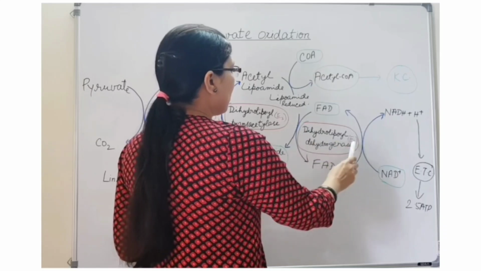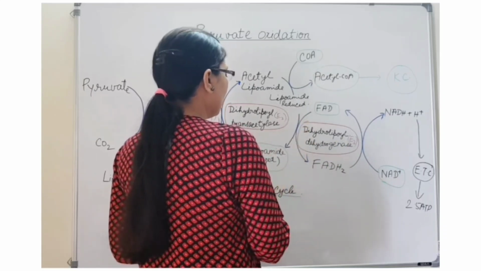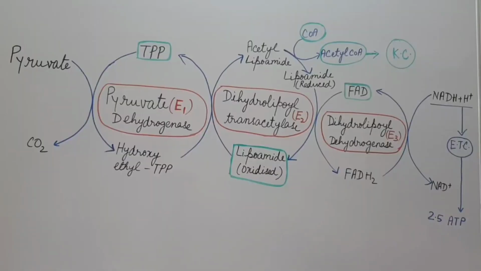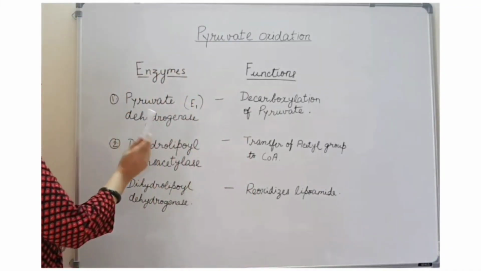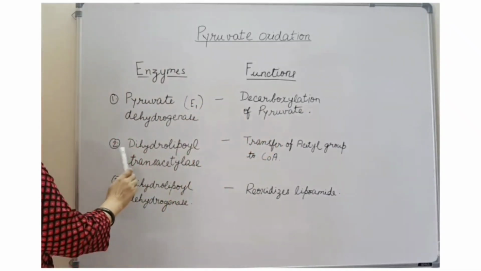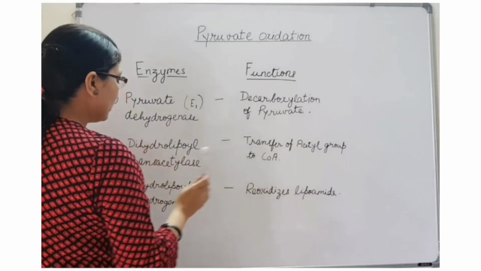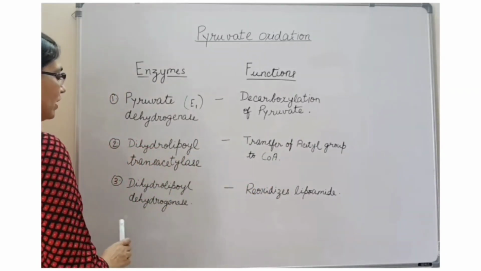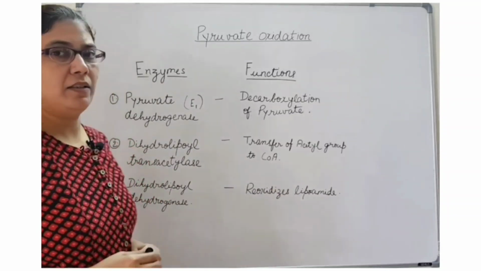Thus, dihydrolipoyl dehydrogenase catalyzes the reoxidation of lipoamide. Thus, we can say that pyruvate dehydrogenase catalyzes the decarboxylation of pyruvate. Dihydrolipoyl transacetylase catalyzes the transfer of acetyl group to coenzyme A, and dihydrolipoyl dehydrogenase catalyzes the reoxidation of lipoamide or lipoic acid.